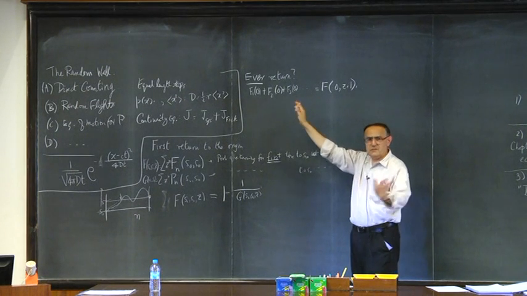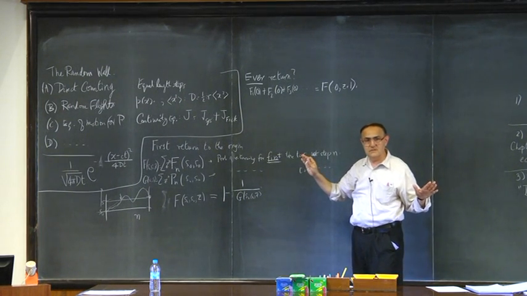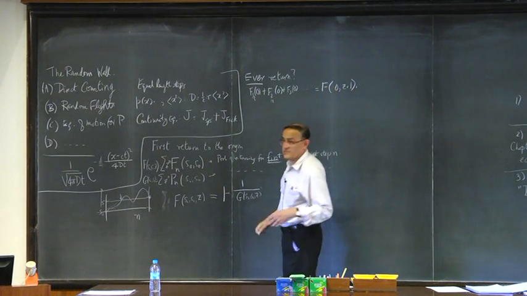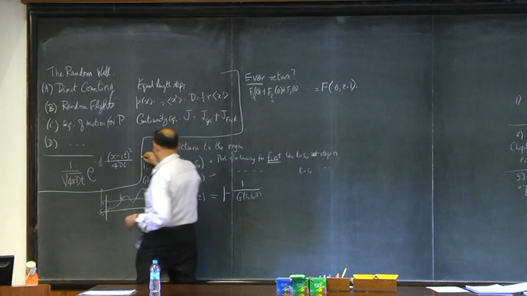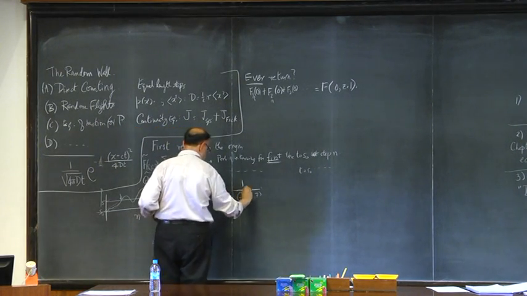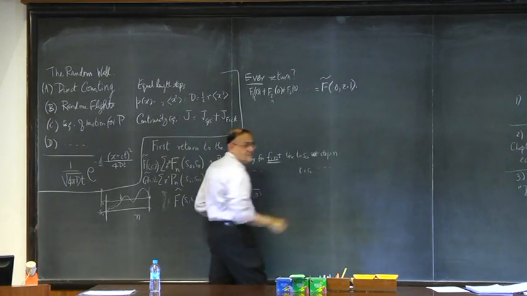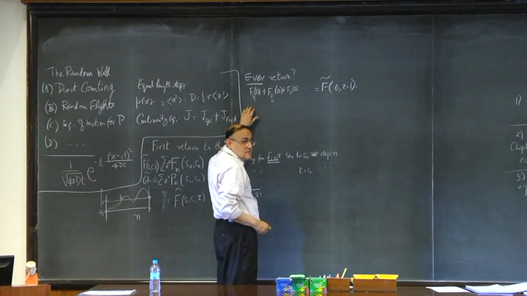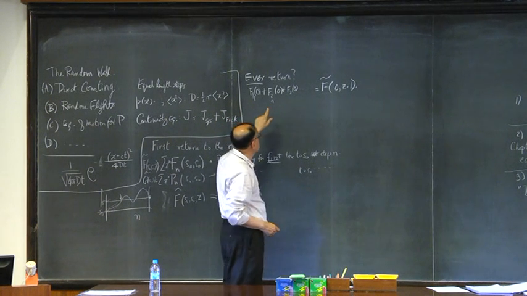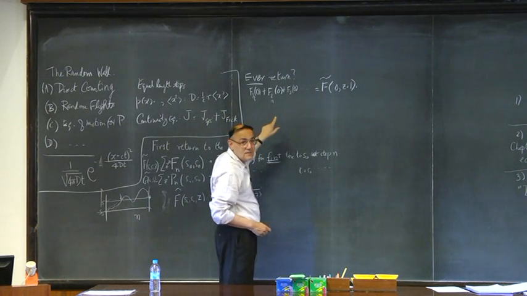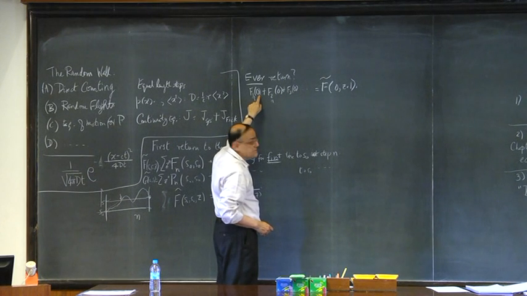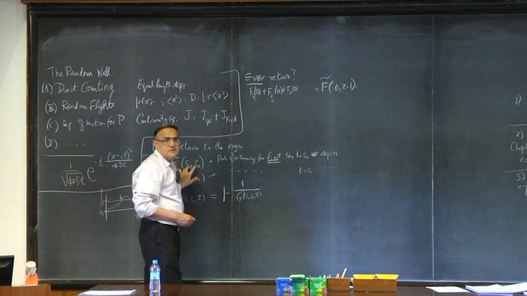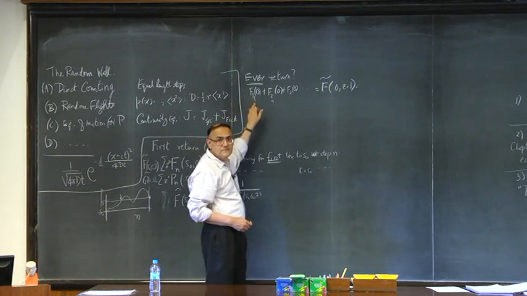I'm sorry about the notation, everything is f, but is it clear? These are times, and this is the generating function. If you like, we'll put a hat. The argument is S0 minus S0, coming back to the origin.